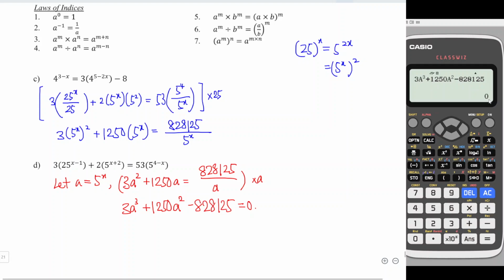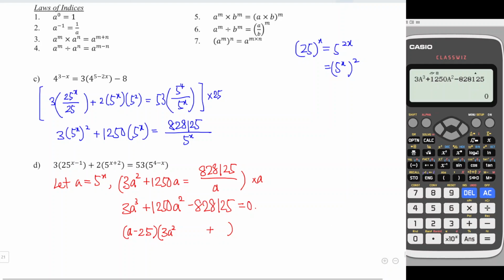Or we can write the factor a minus 25. Since we have 3, but here only a, which means that we should have 3a squared. 3a squared times a, we obtain 3a cubed. Then here is negative, here is negative, so we should have positive.